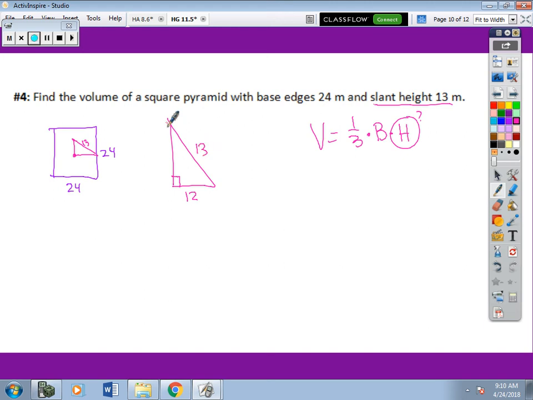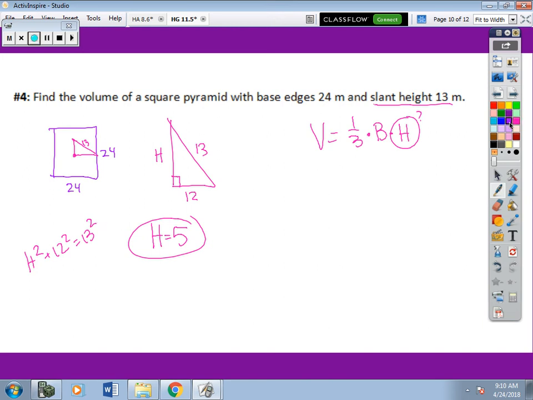The slant height, which is our slanted height, would be 13, our hypotenuse. We can use Pythagorean theorem or triples to find out what the actual height is. So if you look at the triples I just jotted down, it would be 5. Otherwise, h squared plus 12 squared equals 13 squared. Square them, subtract them, square root them.